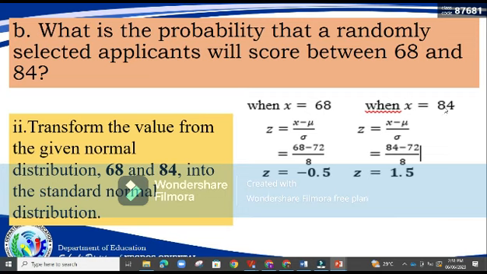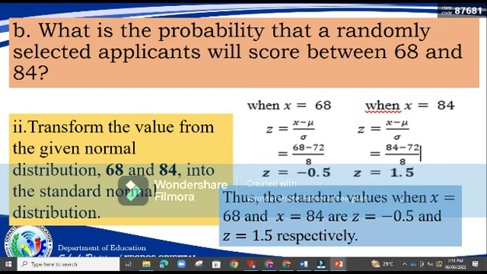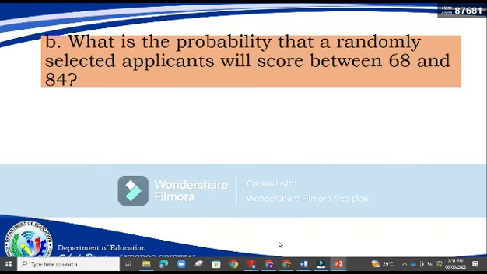Next, when x is equal to 84, z is equal to x minus mean over standard deviation. That is 84 minus 72 divided by 8. Then z is equal to 1.5. Thus, the standard values when x is equal to 68 and x is equal to 84 are z equal to negative 0.5 and z equal to 1.5 respectively.